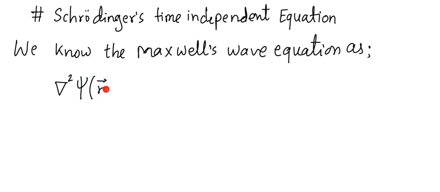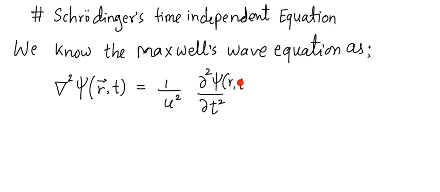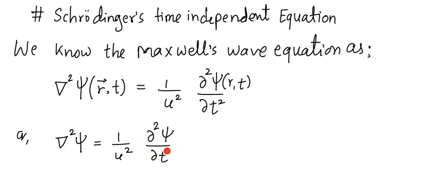It is basically the function of r and t, equal to 1 by u square del square psi by del t square. Again, here psi is the function of r and t. So in the simple case, we can write nabla square psi is equal to 1 upon u square del square psi upon del t square.